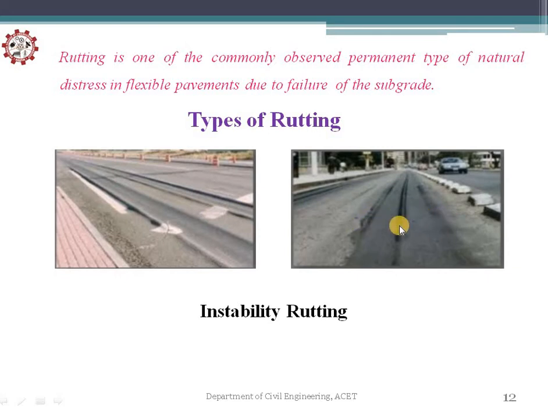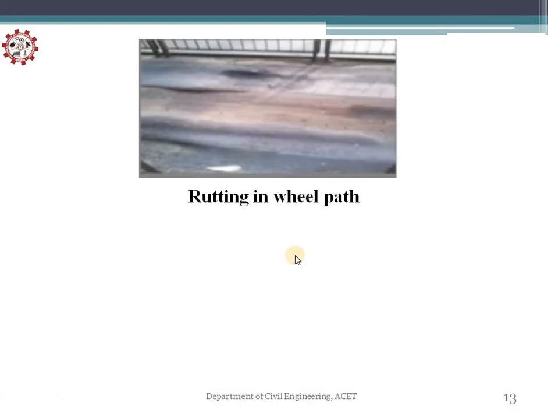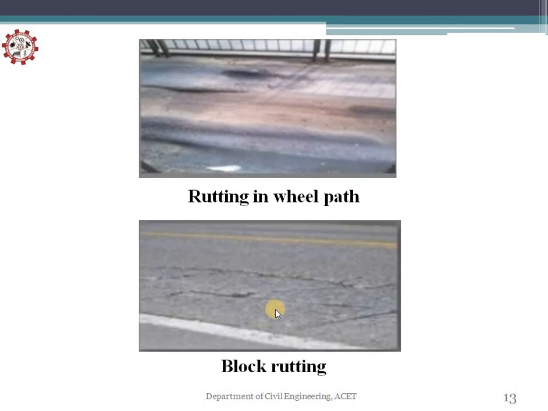If this unevenness of the surface is there, that is known as instability rutting, and we cannot safely drive the vehicle on the road. This is rutting in the wheel path, where our vehicle passes. You can see unevenness here also, so it is very difficult to drive the vehicle on such wheel path rutting.